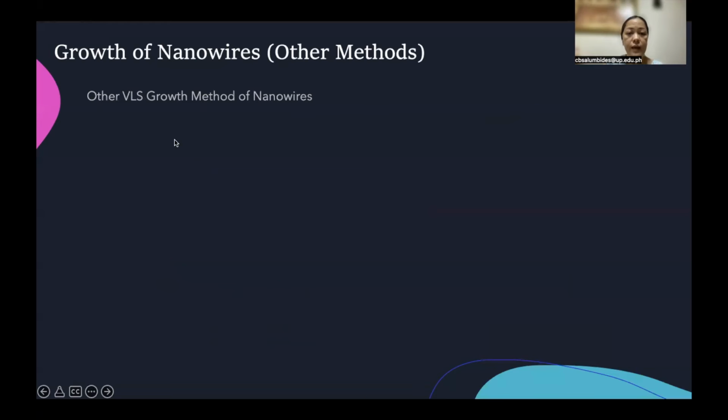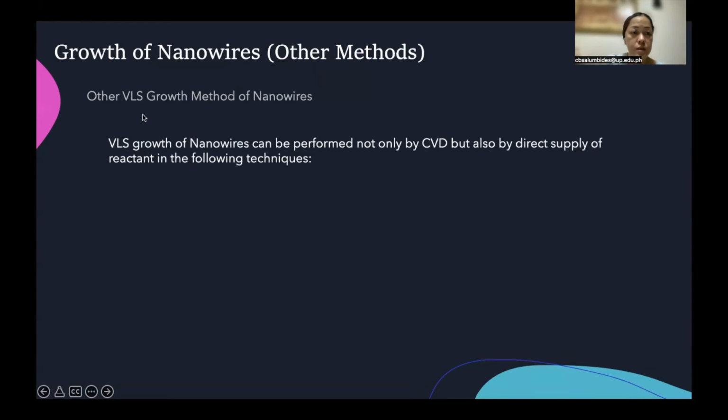As my last slide, just to emphasize, the discussions that we had focused mainly on the VLS-CVD method of nanowire crystals. There are different approaches in growing crystals or the growth of nanowires through VLS.